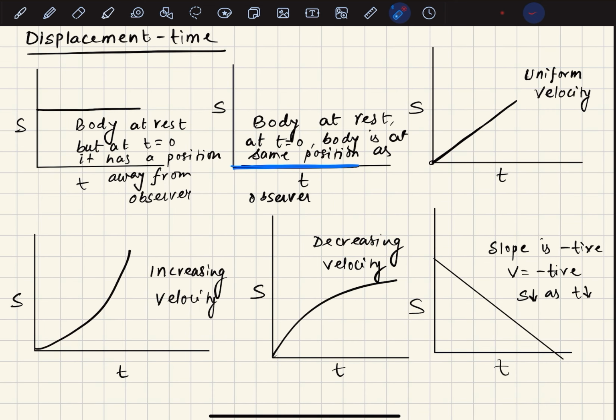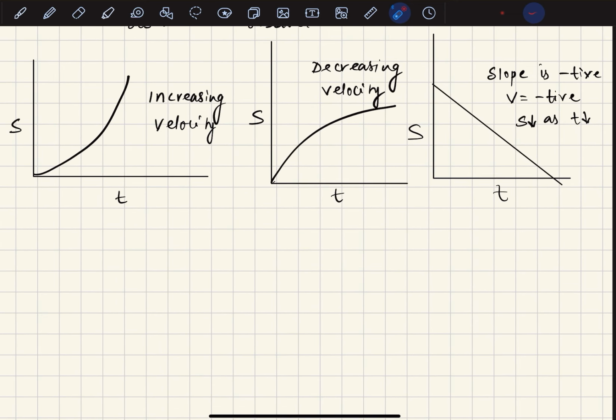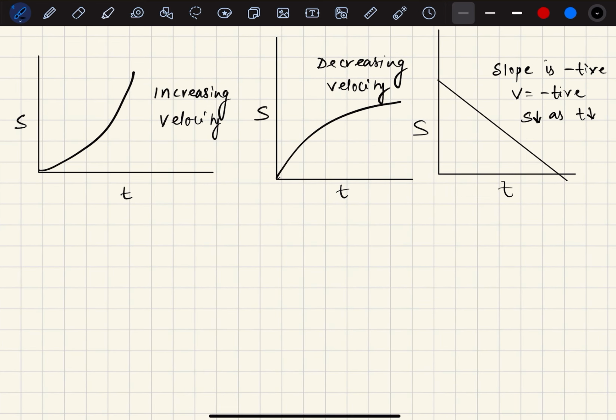This is a case of the body traveling towards the observer.